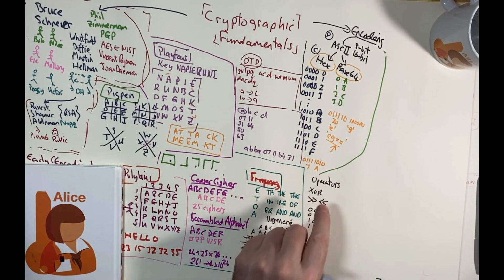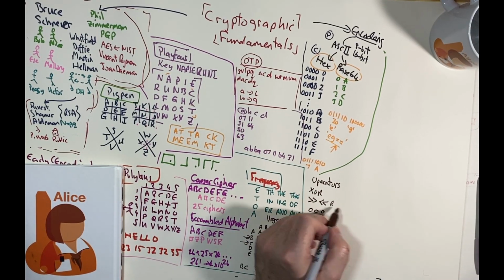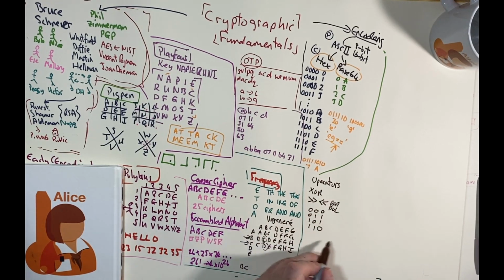The other operator that we use is rotate right and rotate left. Basically, we take the bits we have and we rotate them by moving them a number of places, and whatever falls off here goes in the other end there.